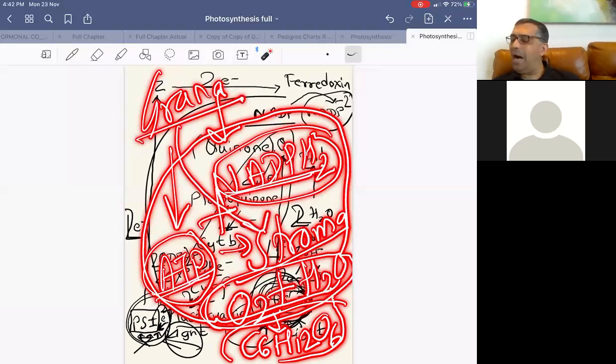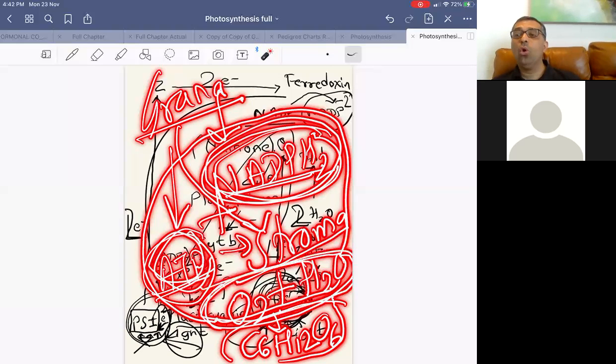And in the stroma, NADPH2 and ATP, which are both rich in solar energy, combine with CO2 and H2O and form energy rich molecule called as C6H12O6. Glucose is formed. तो glucose में कौन सी energy है?